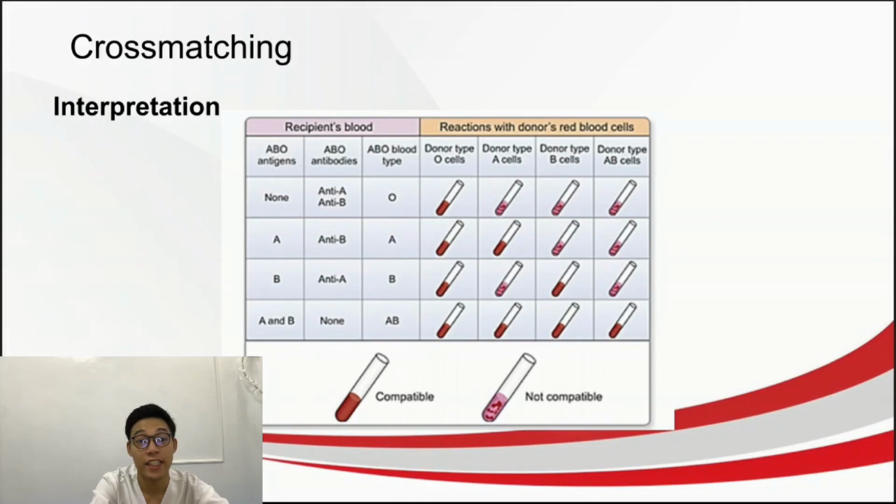And for the ABO antigens A and B, ABO antibodies is none. So that means the blood type is AB. So the reaction with donors' red blood cells is compatible in all types, O, A, B, and AB cells. So this is the diagrammatic presentation of ABO compatibility.